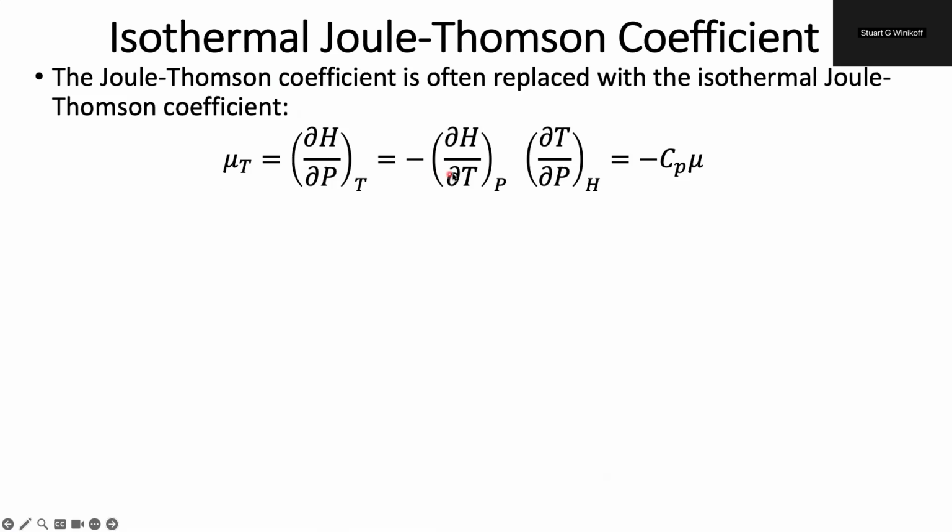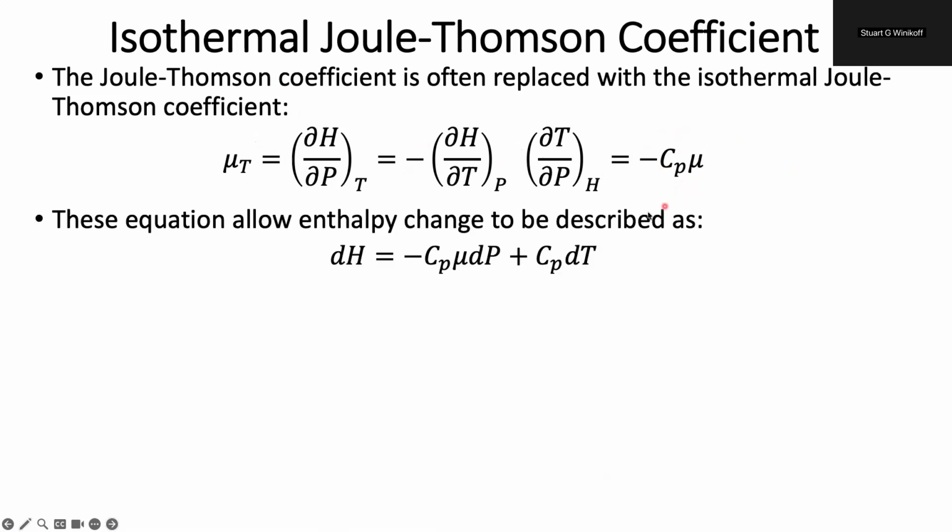Now, again, because of the relationship between the split derivative, this will be the same thing as negative Cp times the Joule-Thomson. So if you need to convert between the isothermal Joule-Thomson and the Joule-Thomson, you're going to need the isobaric heat capacity, which is fairly easy to obtain.